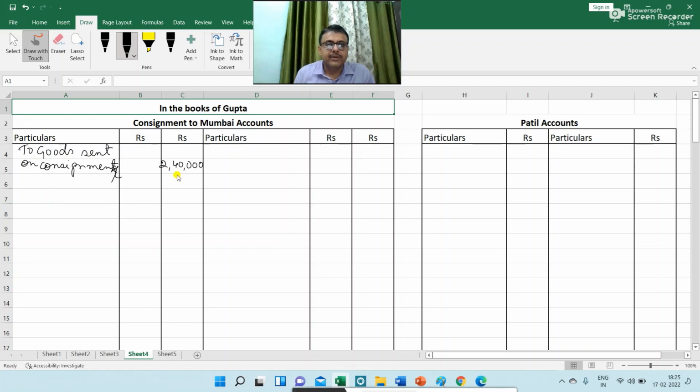How do I arrive at this figure? 1,000 tins were consigned, and each tin contains 10 kg of oil, multiplied by 24, the cost of 1 kg of oil. So 2,40,000. Now Gupta paid rupees 16,000 for freight and insurance. So your journal entry will be consignment to Mumbai account debit, to bank account.